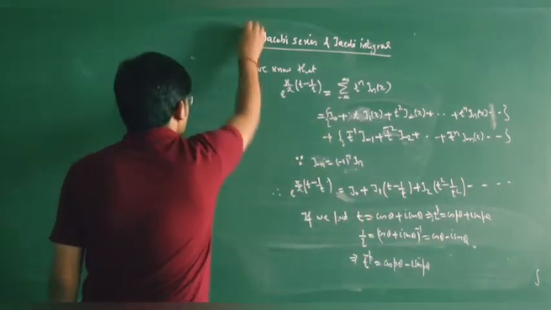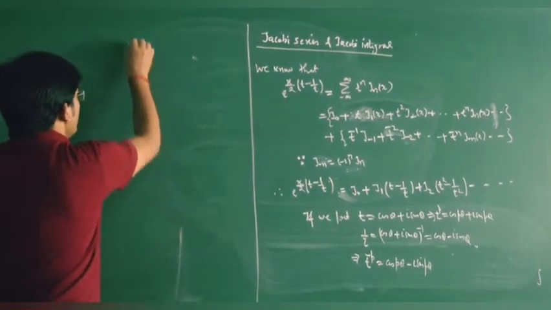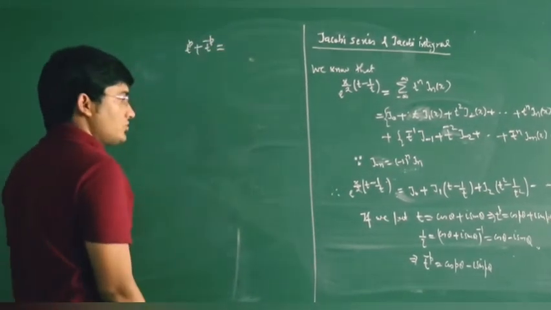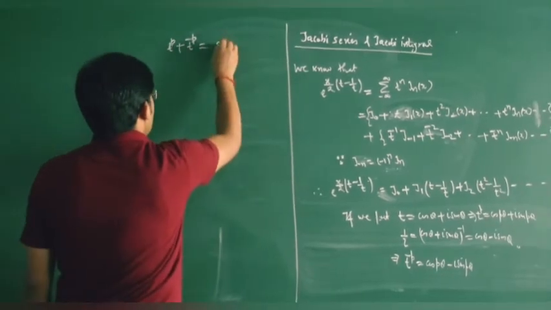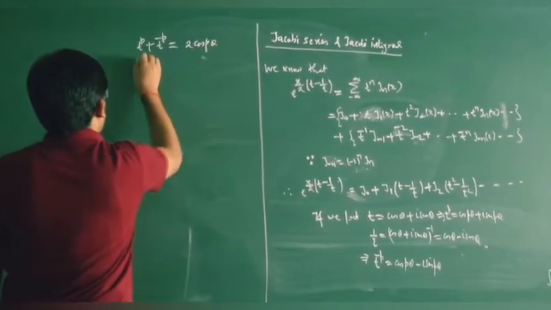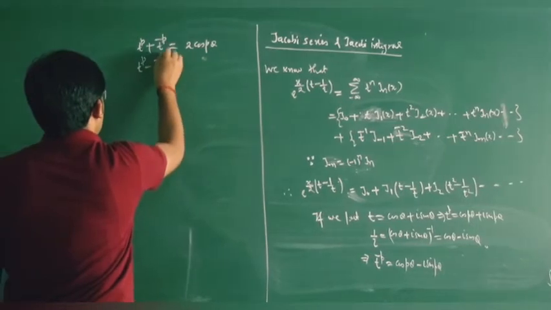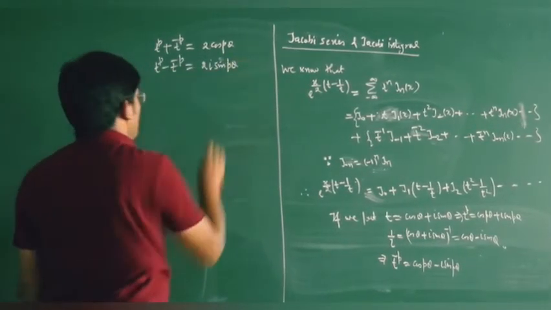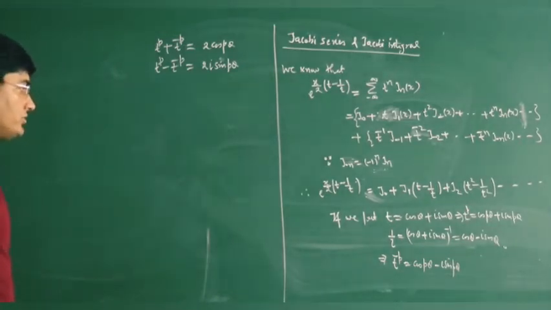So that means the sum t power p plus t power minus p will be 2 times cos p theta, and t power p minus t power minus p will be equal to 2i sin p theta. So we have these two values.